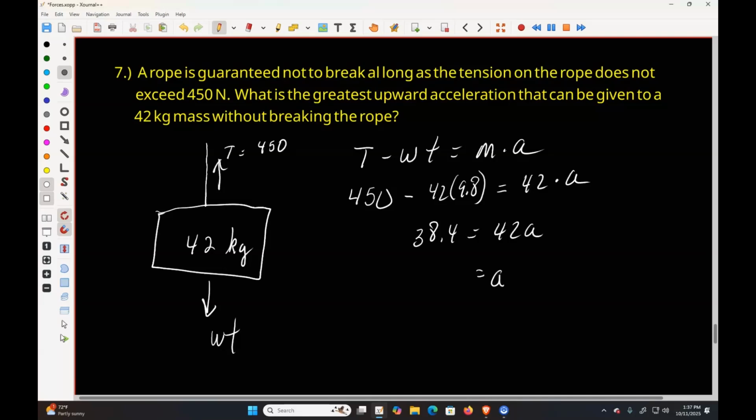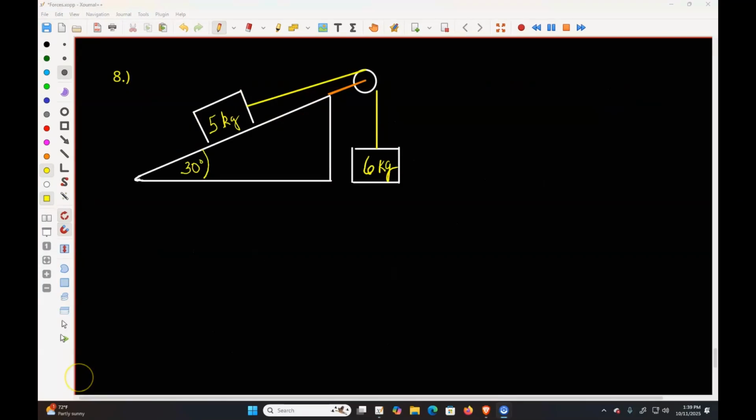So A is equal to 0.91 meters per second squared. So that's the maximum rate of acceleration before the rope breaks.